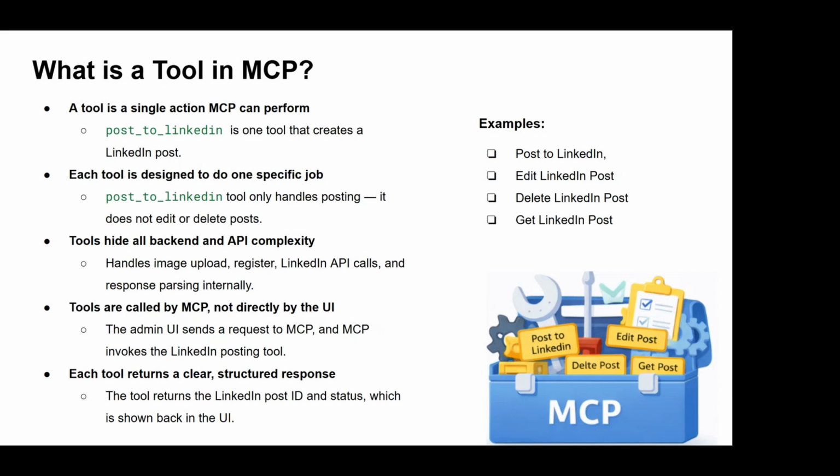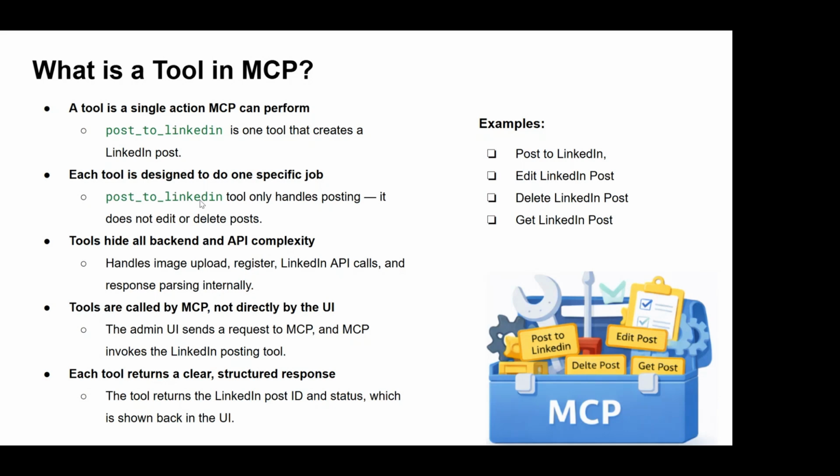So we know that tools are the core building blocks of MCP. Generally, a tool in MCP refers to a single action that MCP is going to perform. For example, post to LinkedIn is a tool that will create a LinkedIn post for you. Each tool is designed to do a specific job. Like post to LinkedIn only does posting for you.